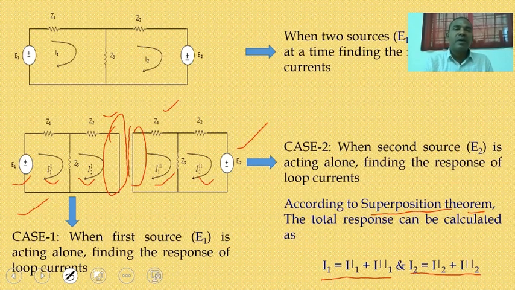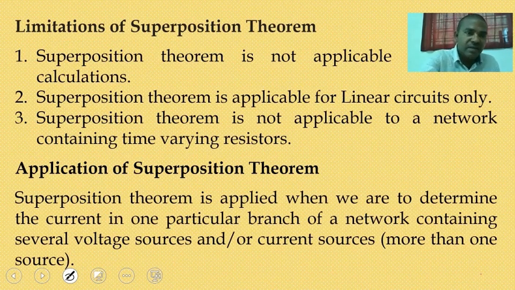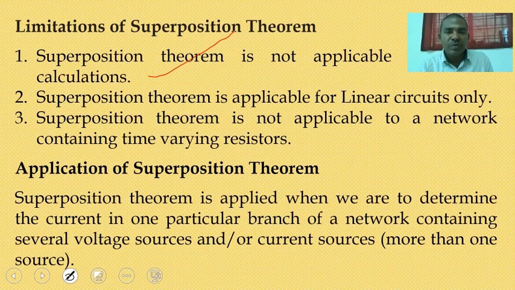Now we are coming to the limitations and applications of the superposition theorem. What are the limitations? For the superposition theorem, there must be a minimum of two sources, and the circuit must obey linearity, that is, the homogeneity as well as additivity properties.